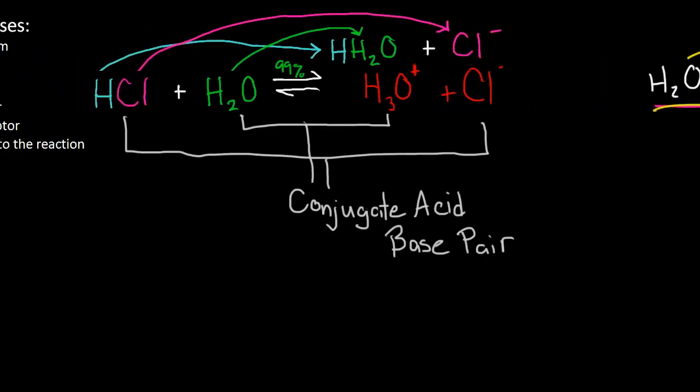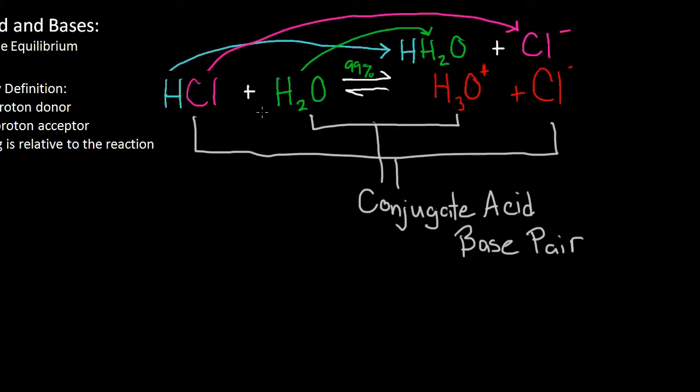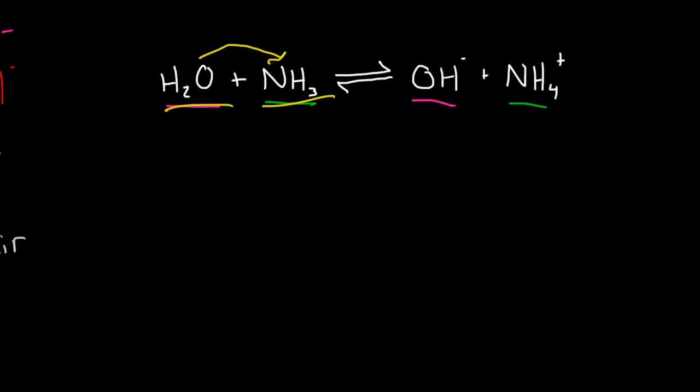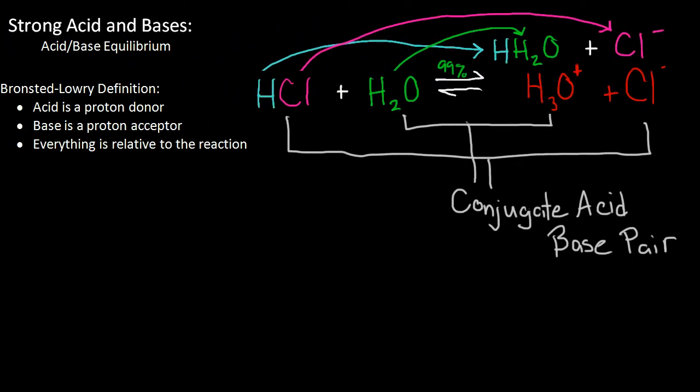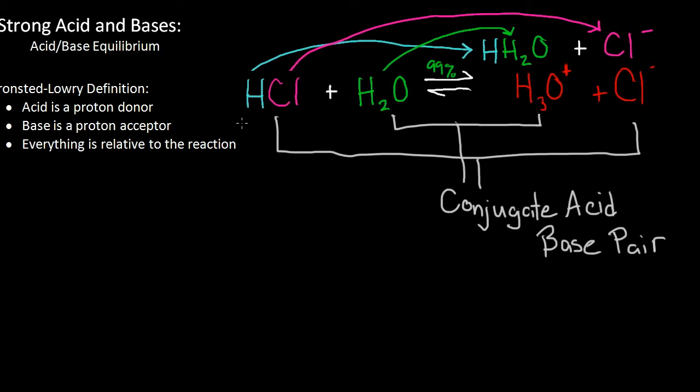However, if we go back here, we can remember that water is the base here. Because, in this case, water is more acidic than ammonia, it's acting as the acid, and in this case it's more basic than hydrochloric acid, so it's acting as the base. So again, just remember that everything is relative to the reaction in terms of the Bronsted-Lowry definition.